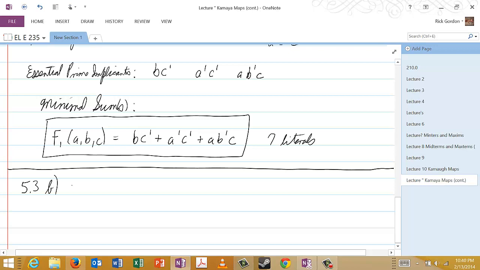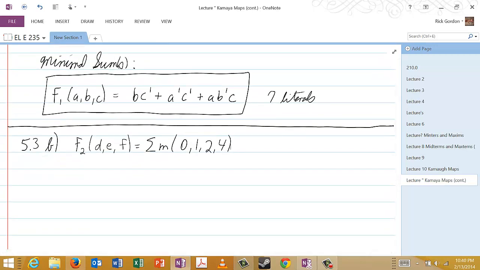In this one, we have F2 of D, E, F is equal to the sum of the minterms 0, 1, 2, and 4. And we want to, again, find all minimal sums.